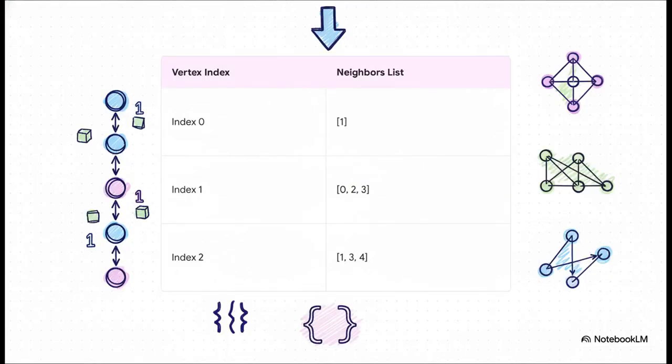So, under the hood in C++, we're using a pointer to an array of lists. This essentially creates an array of size v, representing our vertices, where each individual index securely holds its very own doubly linked list of integer neighbors, provided right out of the box by the C++ standard template library. So, index 0 holds its list, index 1 holds its list, and so on. It's incredibly clean.